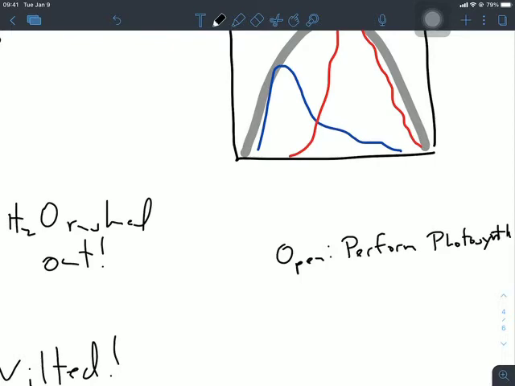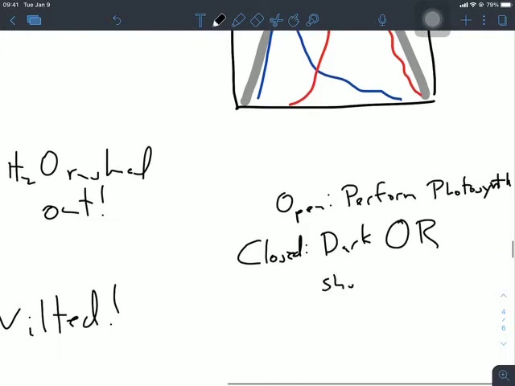Ran out of space there. And closed when it's dark out or when you are short on water.